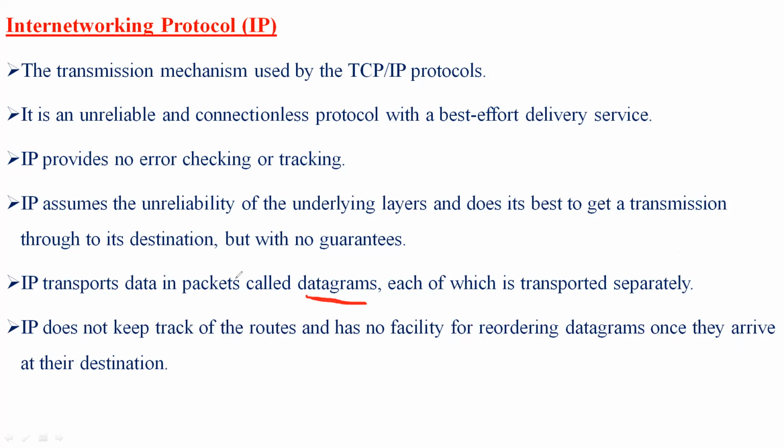But this protocol doesn't have any sense to keep track of the particular route, and it has no facility for reordering the datagrams once they arrive at their destination. It cannot reorder the datagrams again.